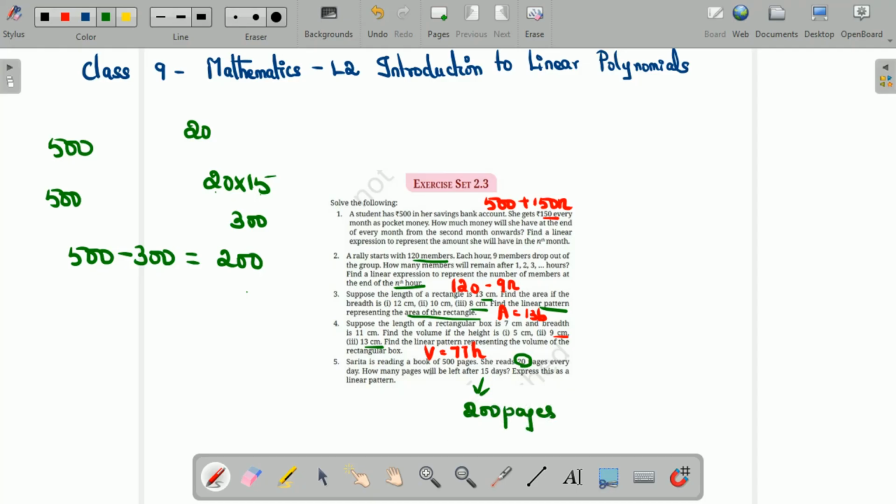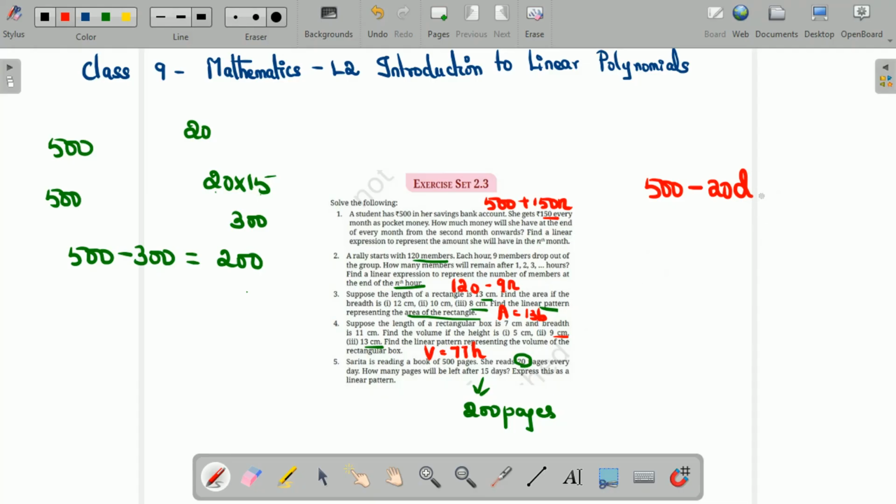Now they ask us to express this as a linear pattern. So remember, she has 500 pages to start with. So 500. Every time she reads, the page count is going to decrease, so I'm going to put a negative sign. The number of pages that she reads a day is 20. Let's put the variable, say d, for the number of days. So then it is going to be minus 20d.